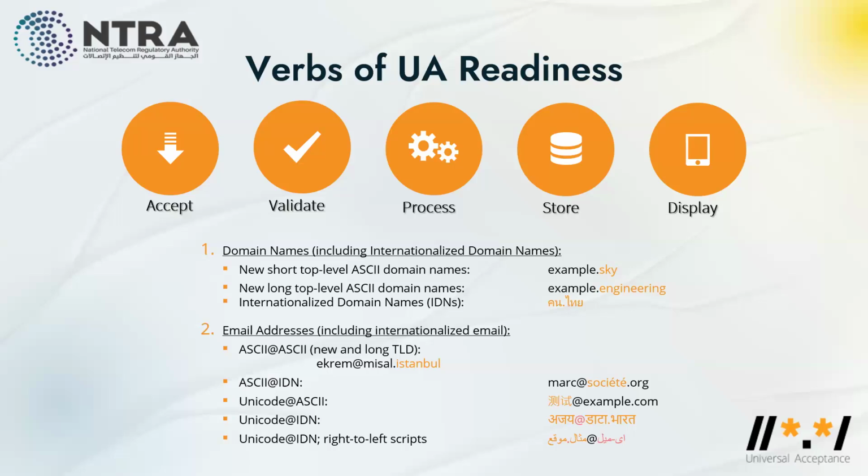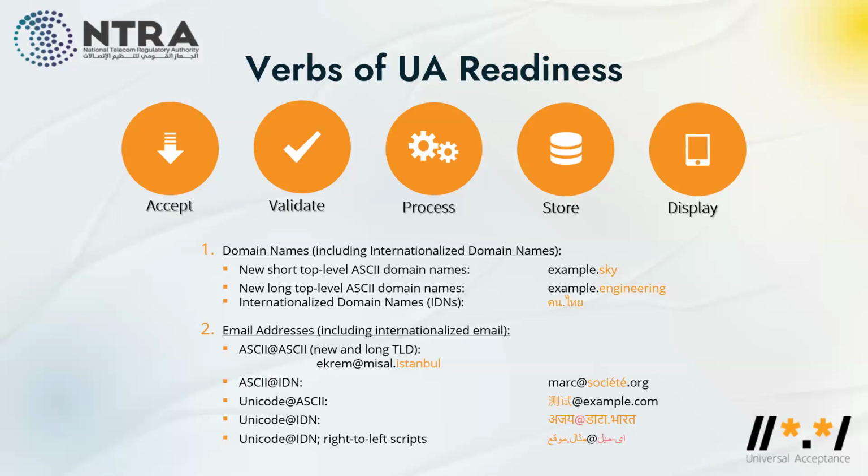So the areas that are affected by universal acceptance are the domain names that have short 3-letter or short new generic top-level domain names, away from the legacy ones like .com or .net or .org.